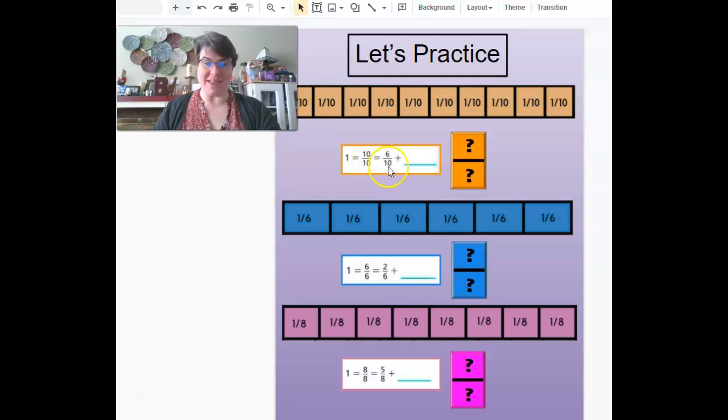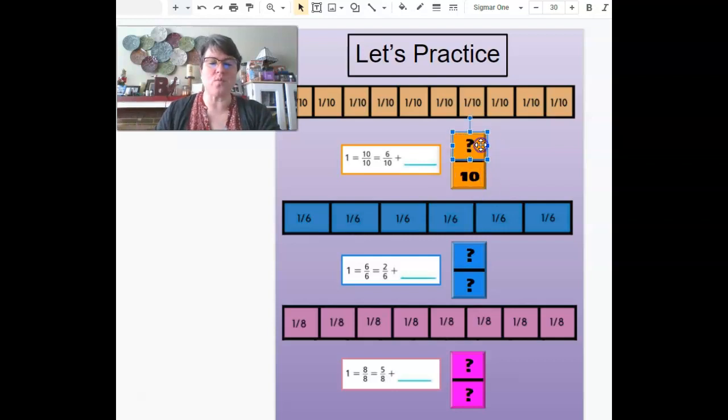I'm going to segment this, and I'm going to look at 6/10 and some other tenths. So over here, I have to name my fraction. To do that, I can click on the question mark, right? When that question mark is highlighted, I can type in that my units are tenths.